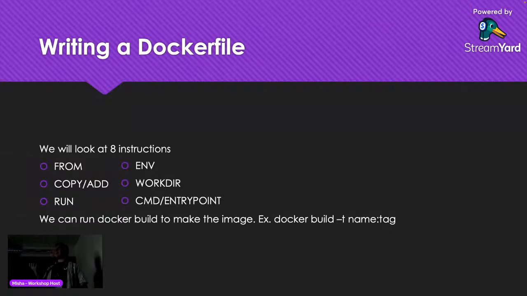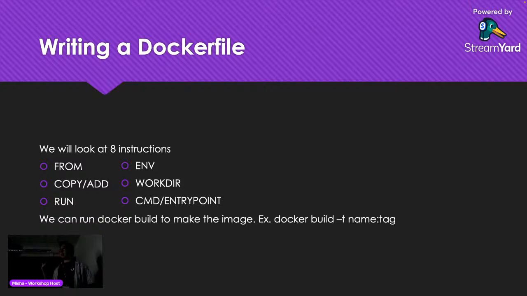So copy just copies files from your computer into the image. So whenever you launch an image, a copy of those files will be part of the image. Add is basically the same functionality. It is just a small superset.